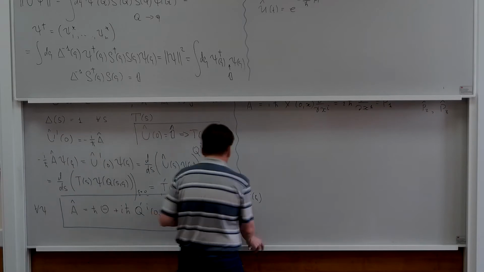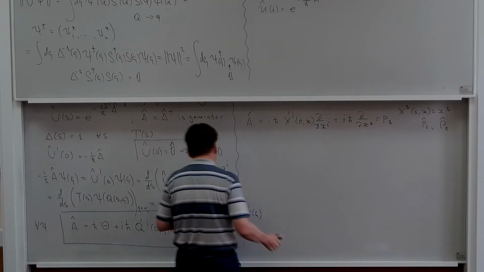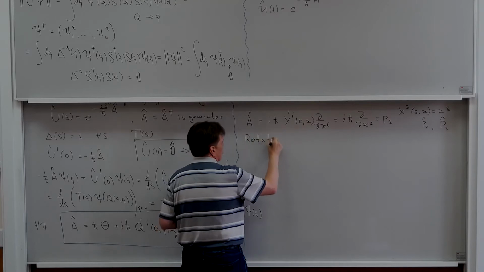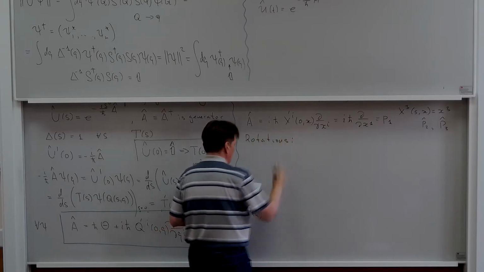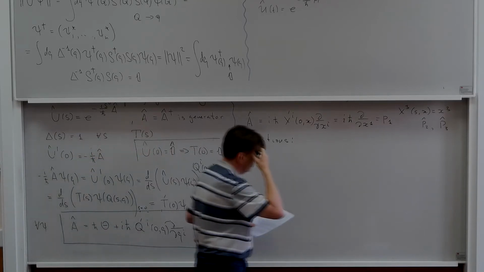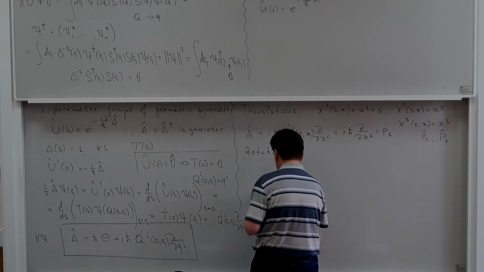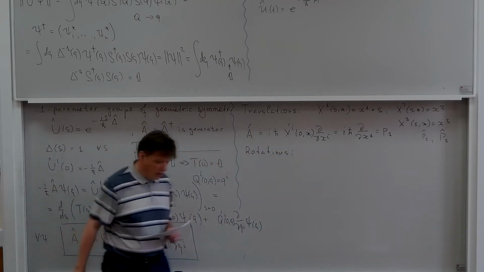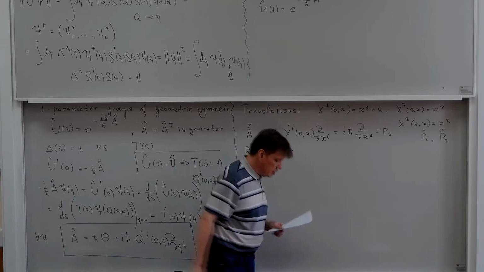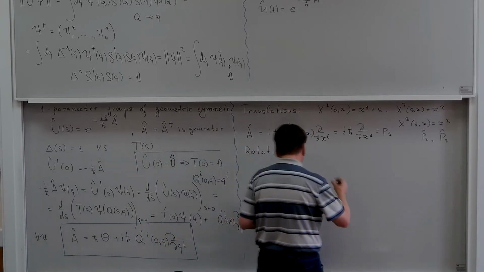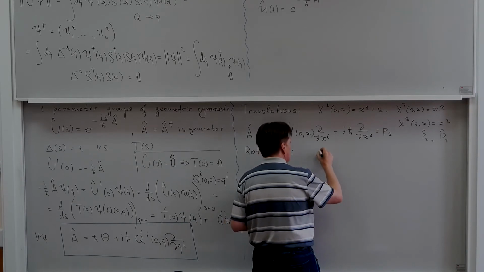Okay, now consider rotations about the z axis, x3. And from linear algebra, we know that the action of rotations on space vectors is described by the following equation.